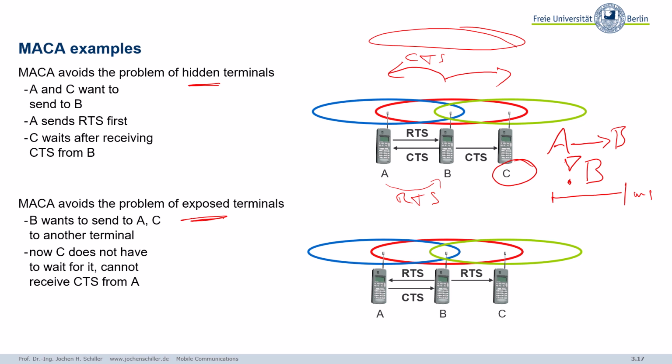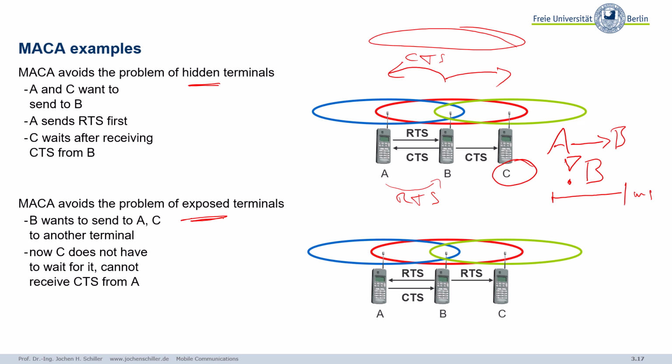That means for C, please stay silent for the next whatever milliseconds. And then I can sense the carrier again. So this is a way of solving the problem of hidden terminals, because now A is not hidden anymore. Because C learned there is some A, and I might cause problems if I start sending. And vice versa, C is also not hidden for A.